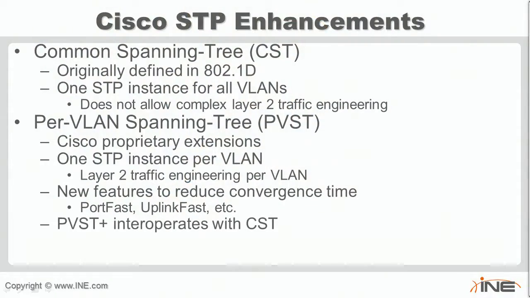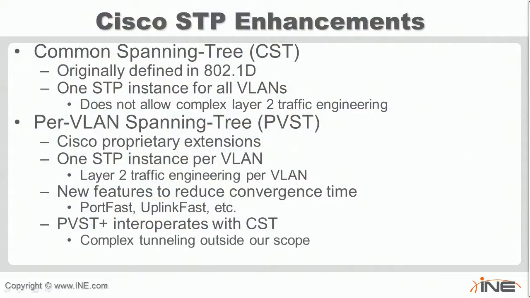And these enhancements were called per VLAN spanning tree plus, or PVST+, where the idea is that it allows for interoperation with common spanning tree. It uses a pretty complex tunneling technique. A lot of this is outside of our scope.